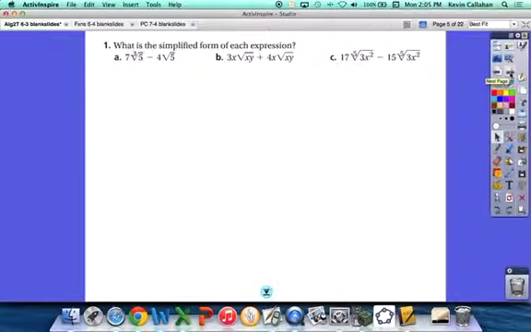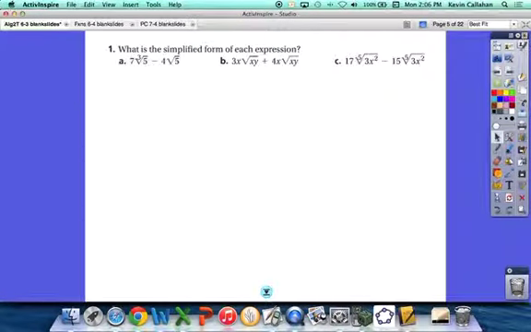How about, there's 3 on the top there. Which one of them can't you add? The first one, because what is it that's different? The index is not the same, right? So this one can't combine.